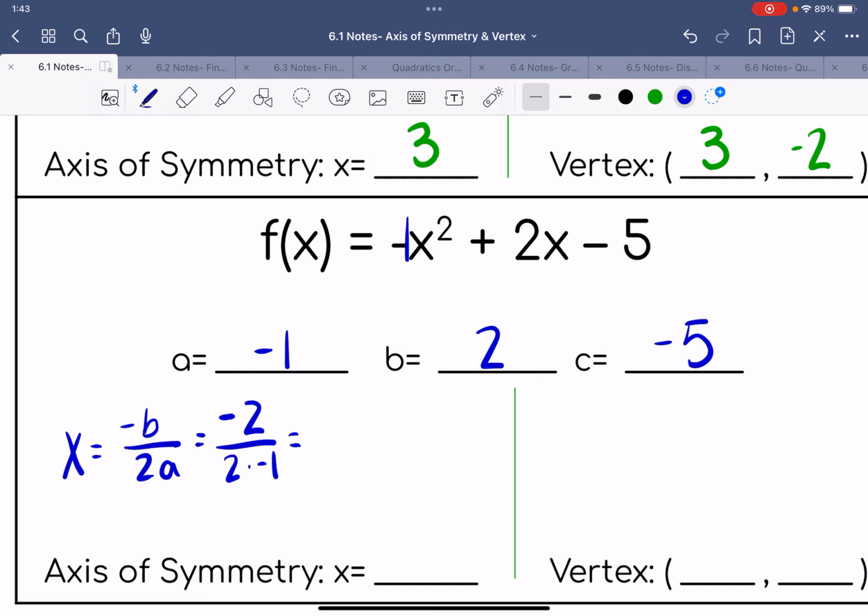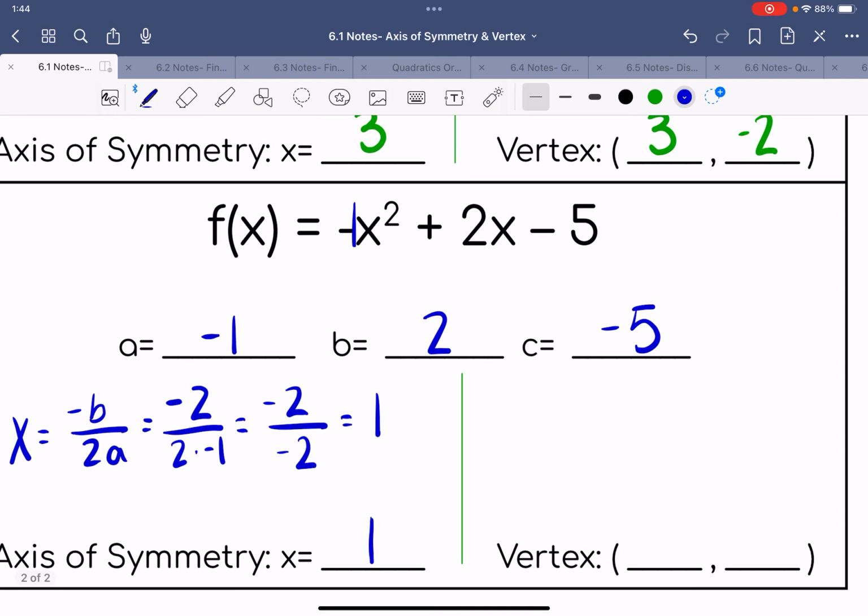So on top, I've got negative 2. On bottom, I've got 2 times negative 1, which is also negative 2. So I've got negative 2 divided by negative 2, which is positive 1. So my axis of symmetry is the vertical line x equals 1, and then that means the x value of my vertex is also 1.